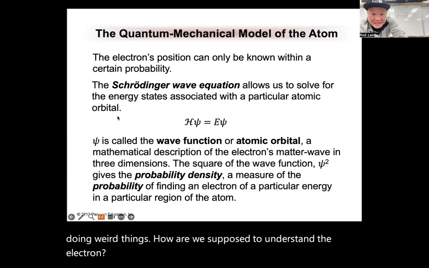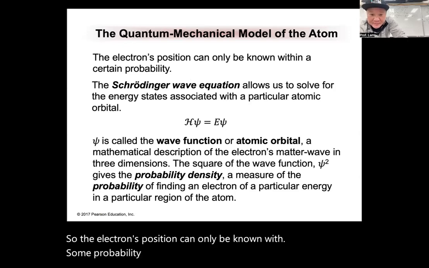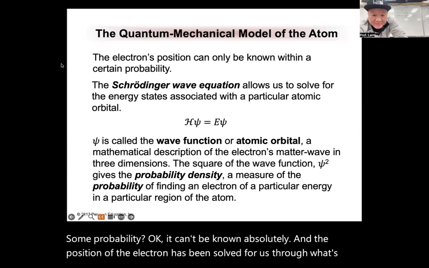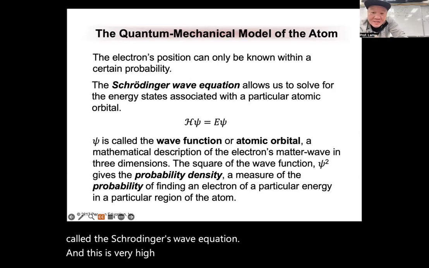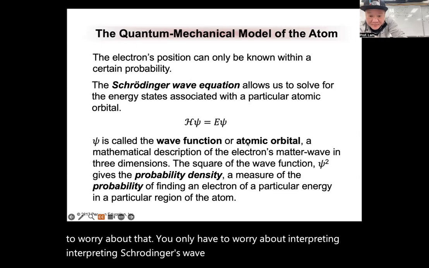So the electron's position can only be known with some probability, okay? It can't be known absolutely. And the position of the electron has been solved for us through what's called Schrodinger's wave equation. This is very high level chemistry, so you don't really have to worry about that. You only have to worry about interpreting Schrodinger's wave equation solutions.